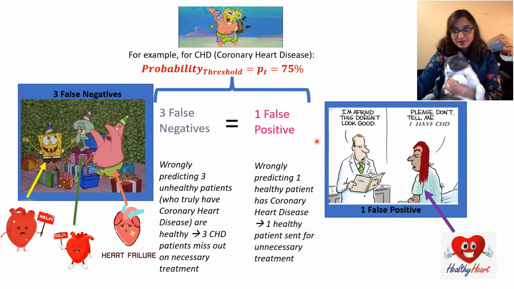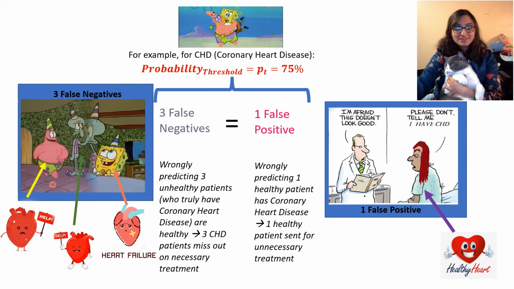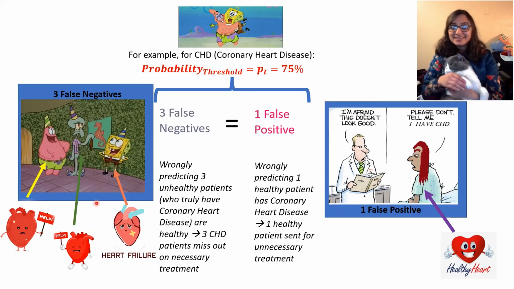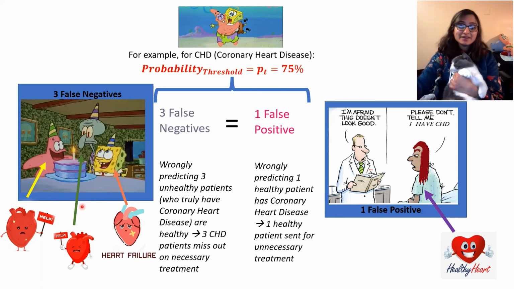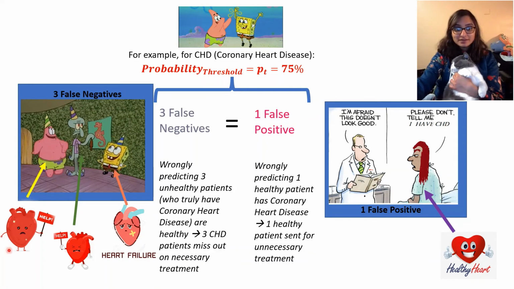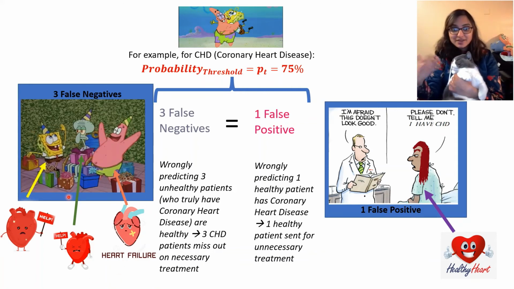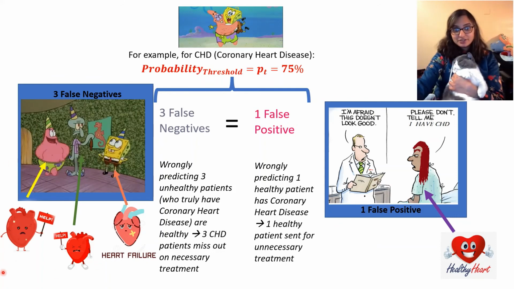For coronary heart disease, using the probability threshold of 75%, we said that 3 false negatives is equal to 1 false positive. So again, Squidward, SpongeBob, Patrick, they are celebrating thinking that they're healthy. These 3 poor patients actually have unhealthy hearts, and they're celebrating because we wrongly predicted that they are healthy. So they're celebrating thinking that they're healthy, when in reality, they need treatment urgently, and they're missing out on this treatment that they need.